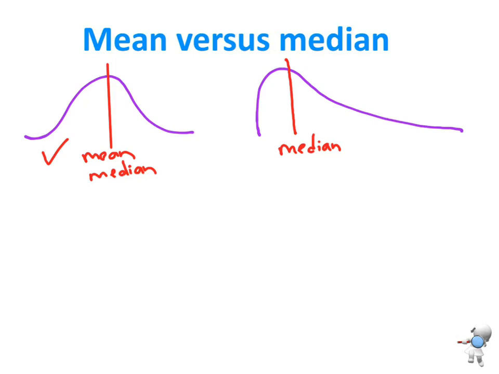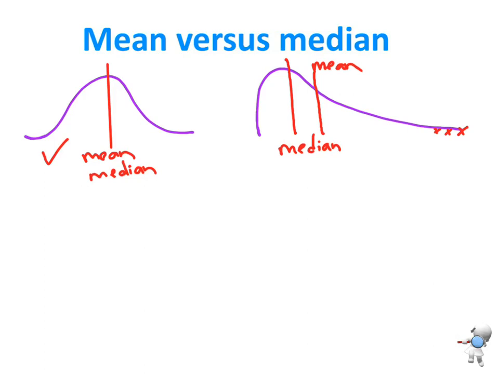So if I've got a house worth $10 million and $9 million and $8 million and so on, when I add those massive numbers together, that is going to pull my mean towards that long tail. So if I've got right skewed data, the mean gets pulled towards the tail.